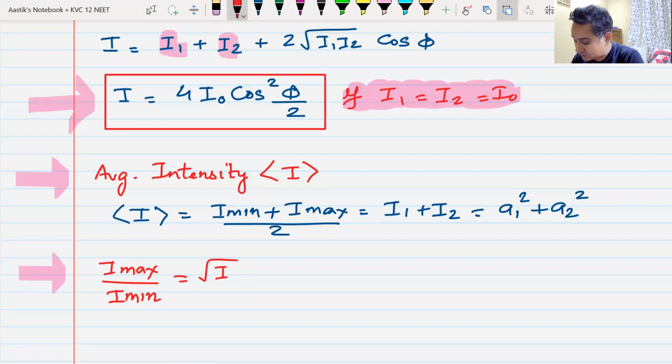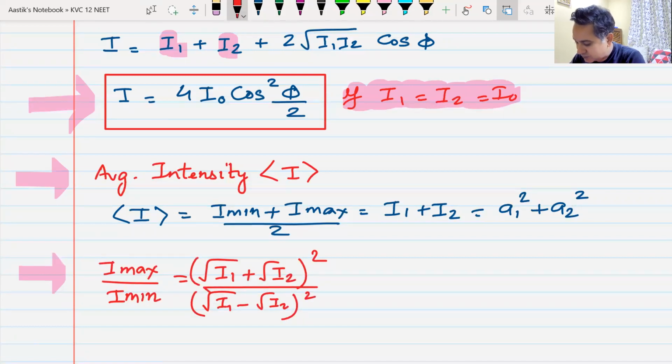I max by I min is root over I1 plus root over I2 whole square divided by root over I1 minus root over I2 whole square. You can remember it in this way, or you can remember it in this way, A1 plus A2 whole square divided by A1 minus A2 whole square.